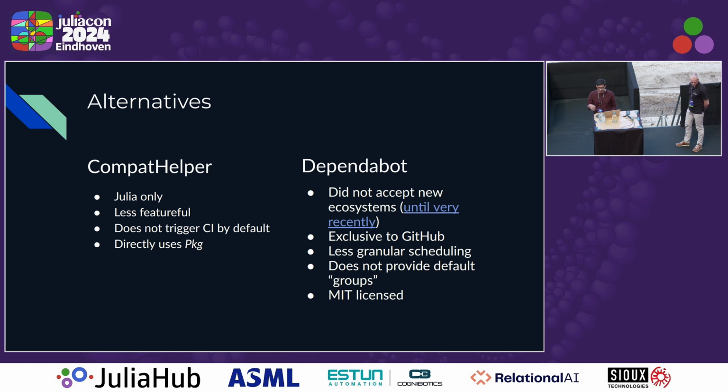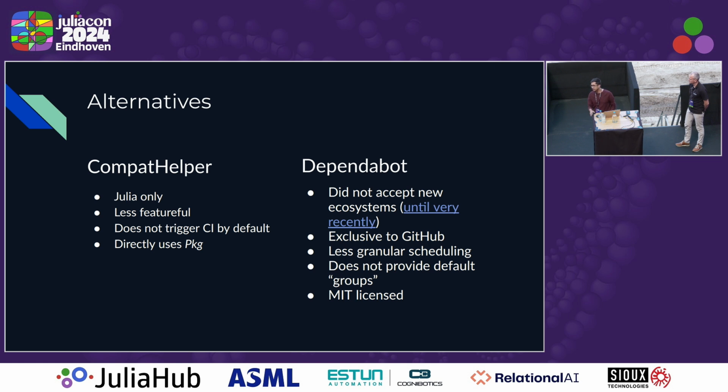So for instance, in the demo that we'll walk through, you'll also see that the checkout action will get automatically updated by Renovate, which is not something that CompatHelper does, right? CompatHelper only cares about your Julia packages in total. CompatHelper is also less featureful. In comparison with Renovate, there are many complicated cases that CompatHelper doesn't deal with very well, particularly lock file management and stuff.